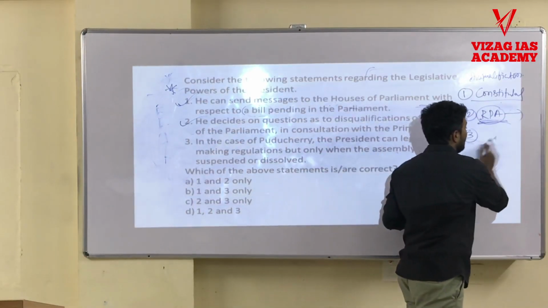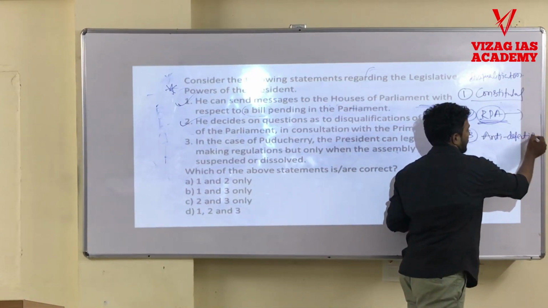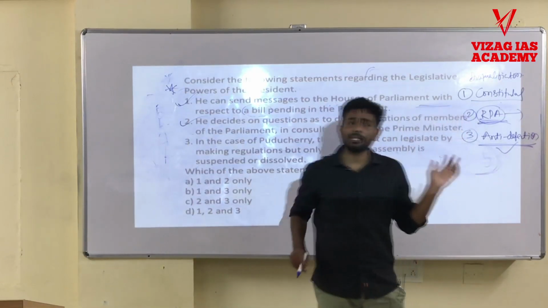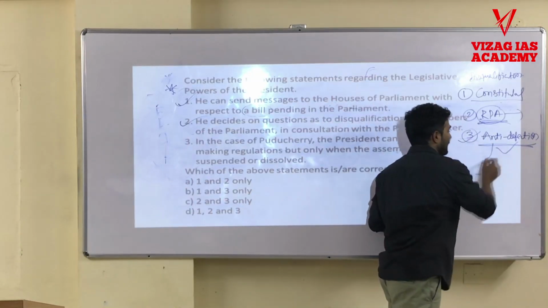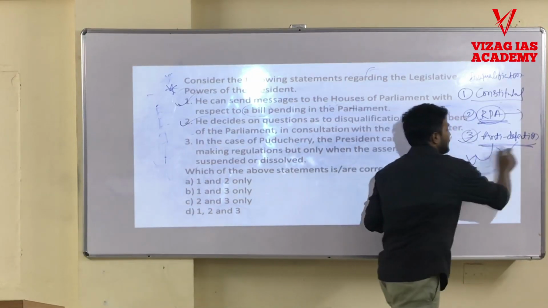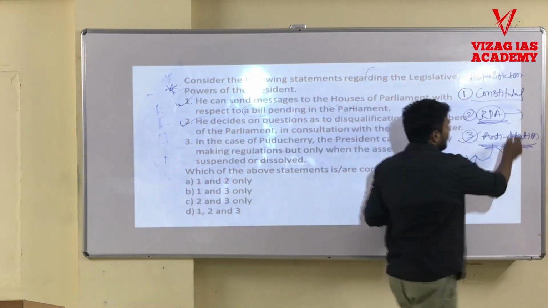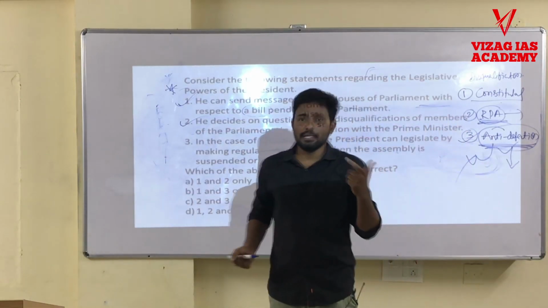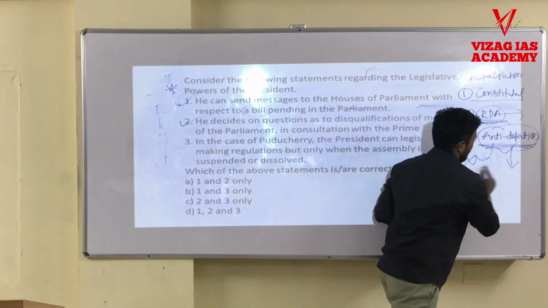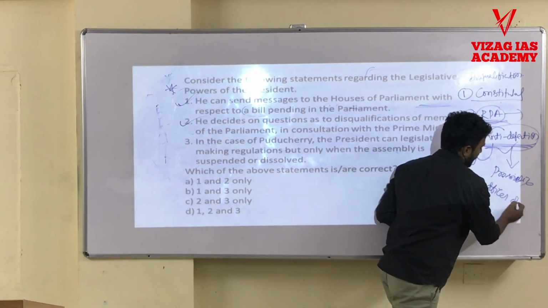And the third is anti-defection. If any members defect from one party to another, they can be disqualified based on anti-defection, under the 10th Schedule. So under this, the anti-defection based disqualification is decided by whom? The presiding officer of the house.